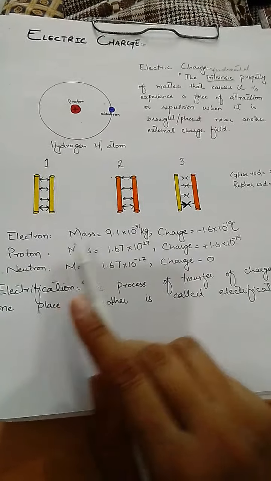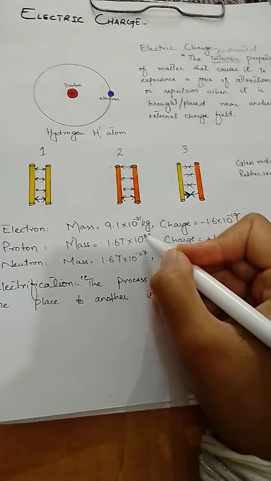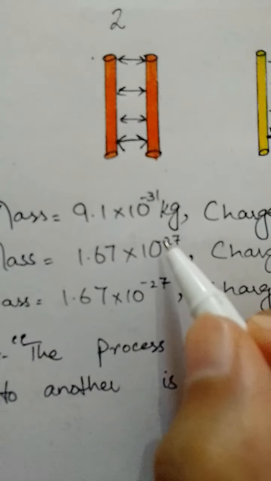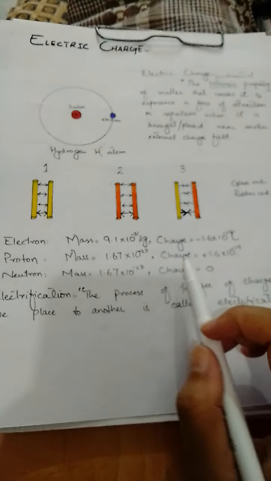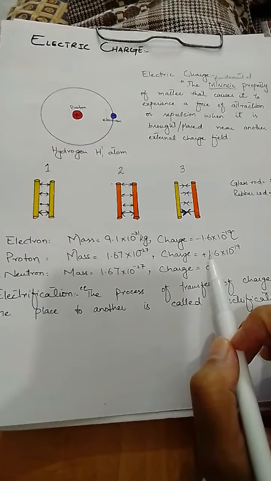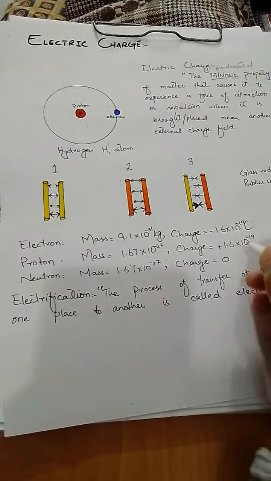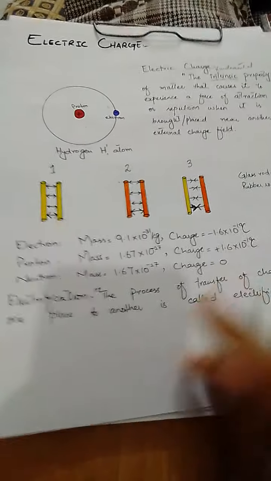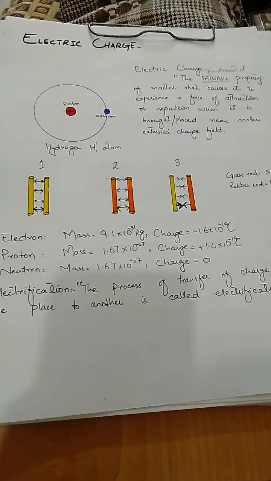Coming to the proton, proton has a mass of 1.67 into 10 raised to the power minus 27. There is a little minus over there, okay? Make it more visible. And a charge of plus 1.6 into 10 raised to the power minus 19. And again comes the coulomb. Coulomb is the unit of charge. Alright?